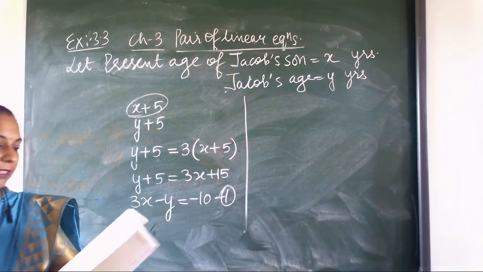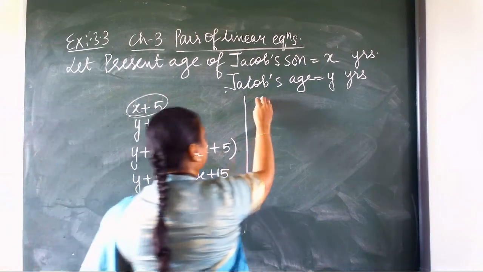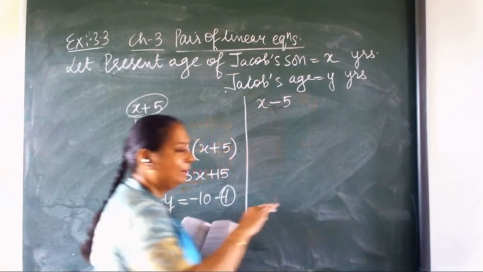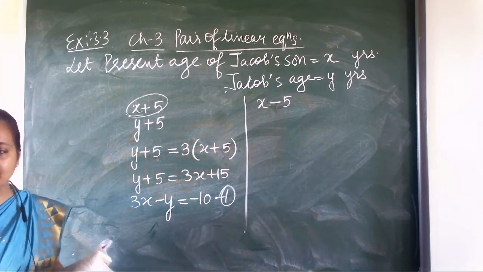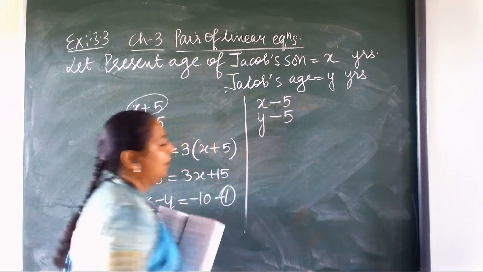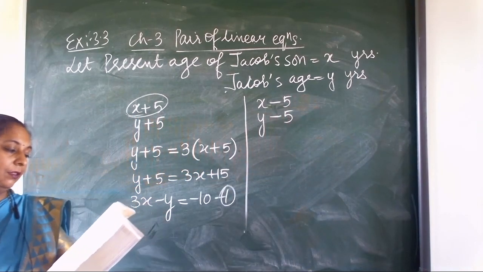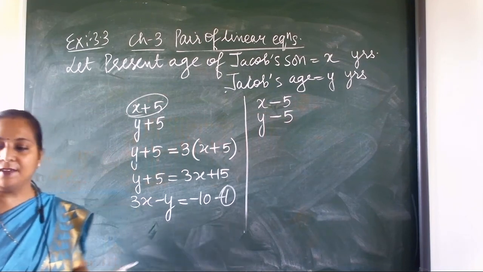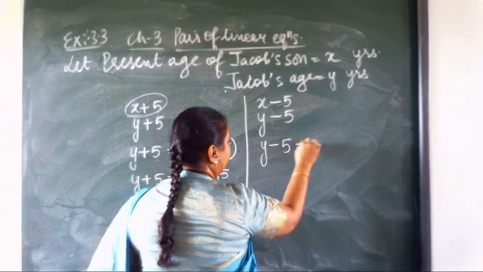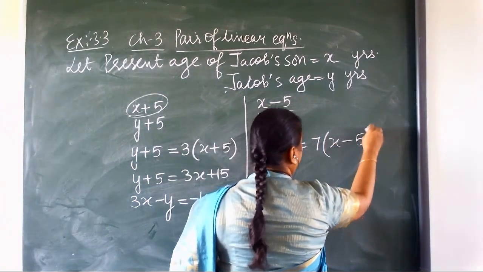Now the second statement says that 5 years ago, before. So Jacob's son's age is x minus 5, 5 years before, so x minus 5, and Jacob's age was y minus 5. So according to the condition, Jacob's age was 7 times his son's age: y minus 5 is equal to 7 times x minus 5.